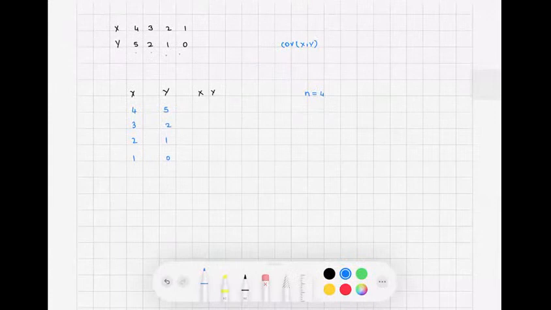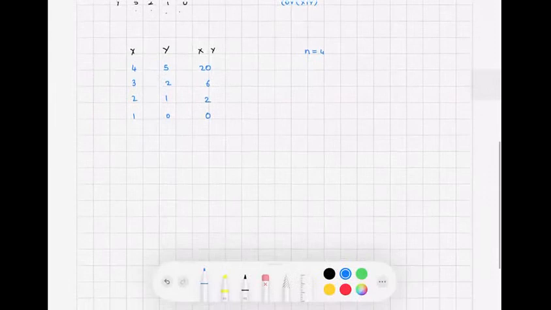So xy, I'm multiplying x and y. This is 0. So summation of xy, this is 2, 8. This is nothing but summation of xy.